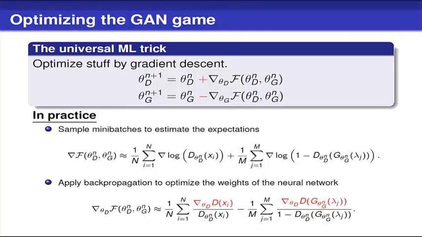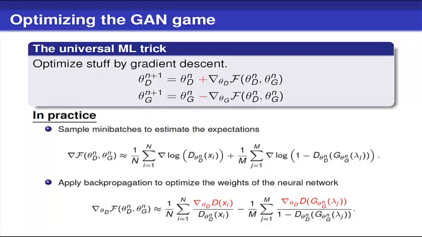So you apply gradient ascent in the direction of D and gradient descent in the direction of G. This is called the alternating gradient descent algorithm, and this is the algorithm people use for training this model. You improve the parameters that define the discriminator and the generator, improving D with plus the gradient and decreasing G with minus the gradient.